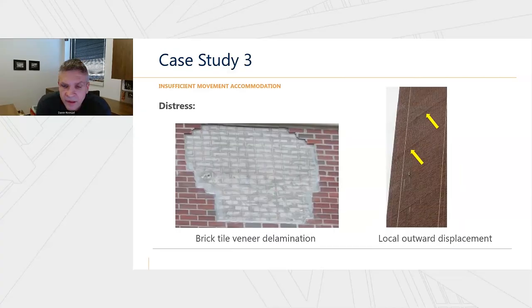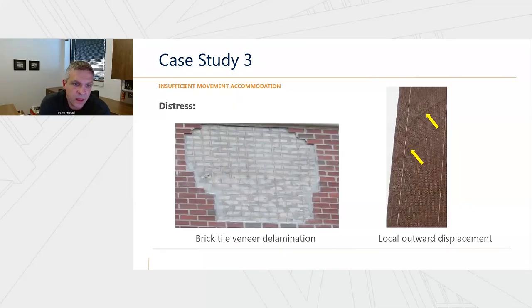Now getting into a third case study, this one's about insufficient movement accommodation. So this one differs from the first two case studies because this one's not in a freeze-thaw environment. It's in a hot and humid environment with mild winters. And we actually have two different portions of the building experiencing different types of failures.